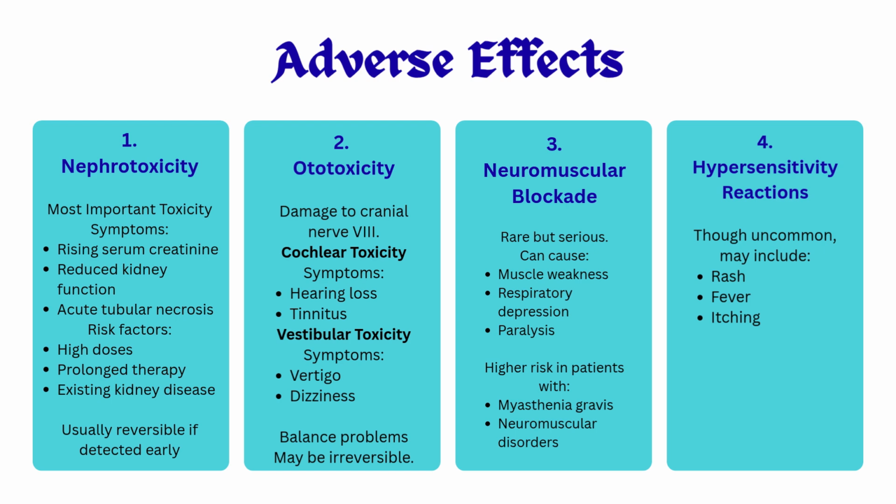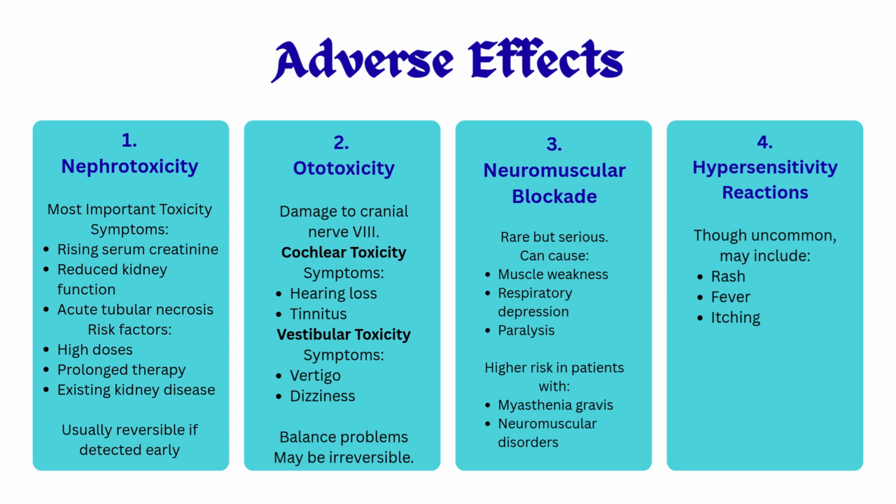2. Ototoxicity. Aminoglycosides can cause damage to the 8th cranial nerve, leading to ototoxicity. This may affect cochlear function, hearing loss, tinnitus, vestibular function, vertigo, dizziness, balance disturbances. Unlike nephrotoxicity, ototoxicity may be irreversible. 3. Neuromuscular blockade.